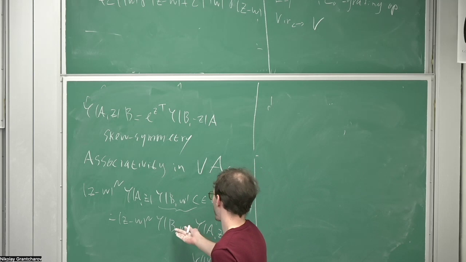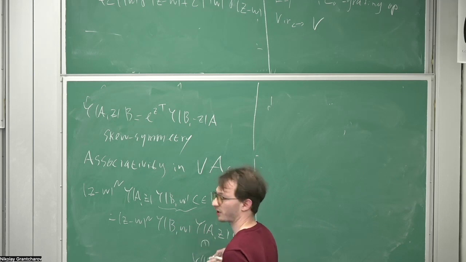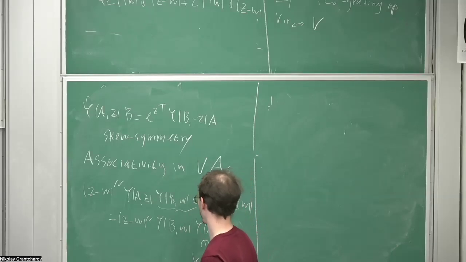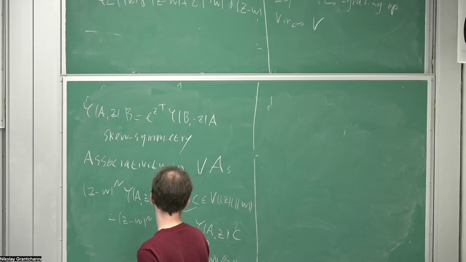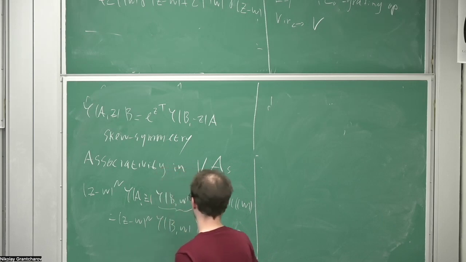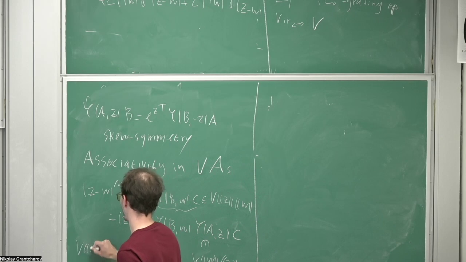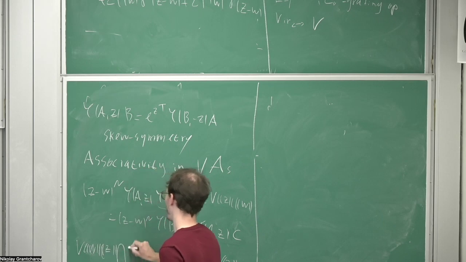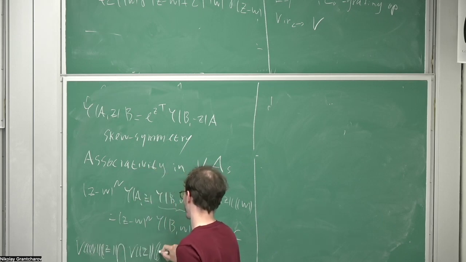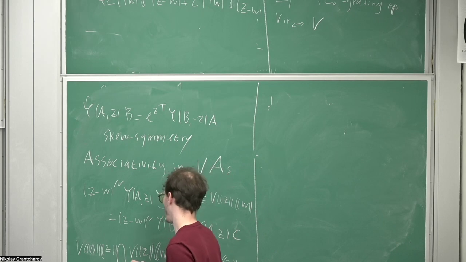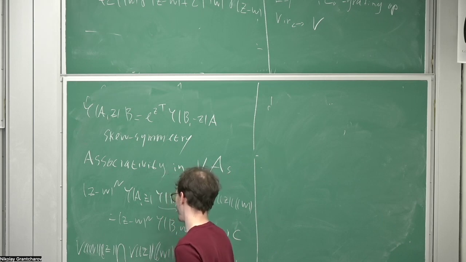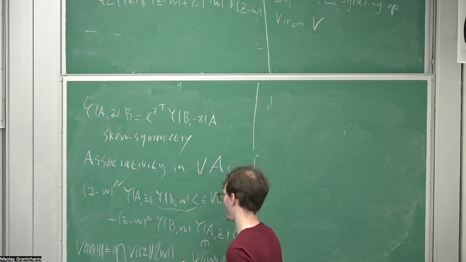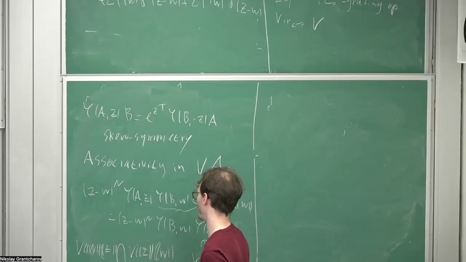So if I look at this expression, it must belong to the intersection. It means that the powers of Z and W are both bounded from below. So it belongs to the intersection of V((w))((z)) and V((z))((w)) in the space that contains everything, V[[z,w]][z^-1, w^-1]. So both your powers of Z and W are bounded.